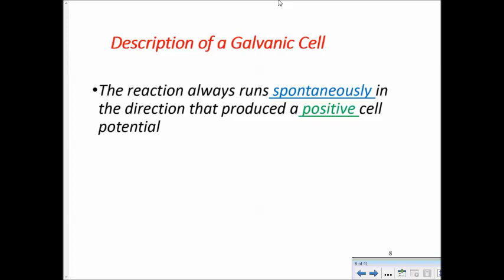It will just work. The electrons will flow. You attach the wire, you attach the 2 together, you attach the salt bridge, you will get power running through the system. You could attach a voltmeter, and then you can measure the actual voltage going across the wire. So, always spontaneous for a galvanic voltaic cell, always a positive E cell.